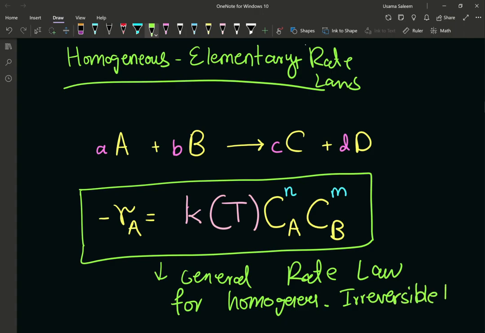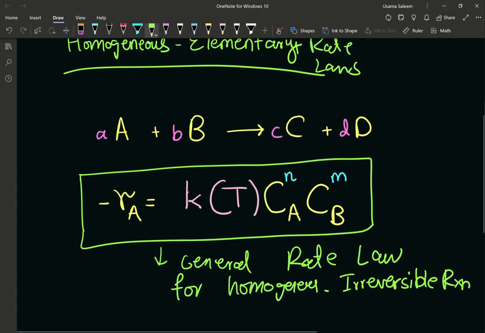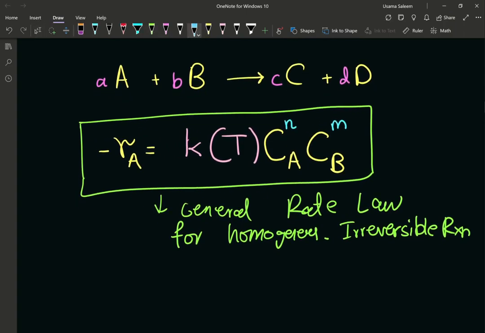That's important. Okay. Now let's talk about N and M for a second. N right here is the order of reaction with respect to species A, as you can see.